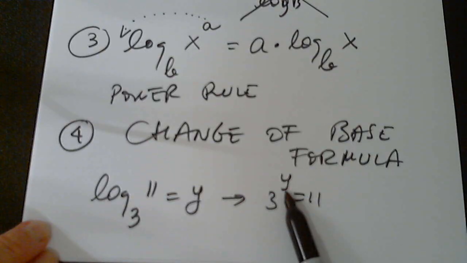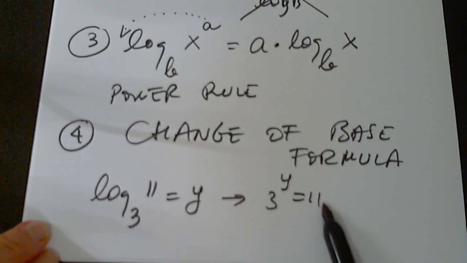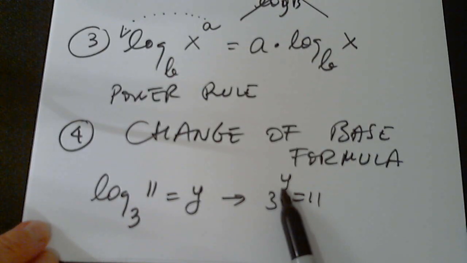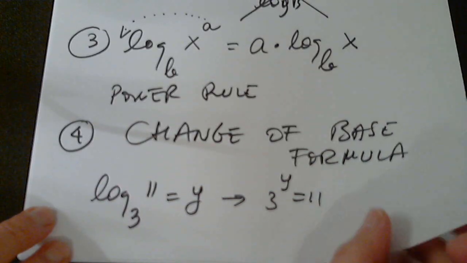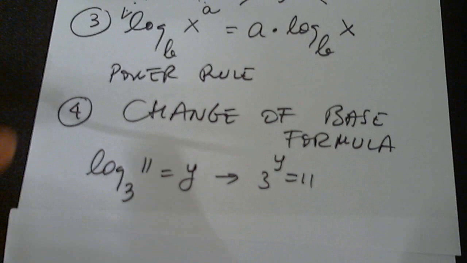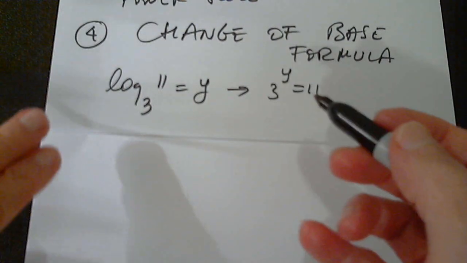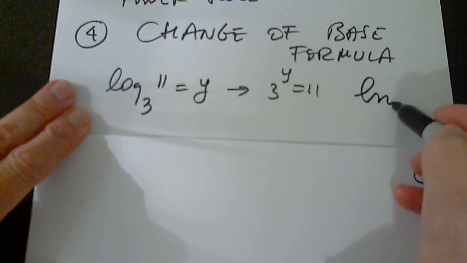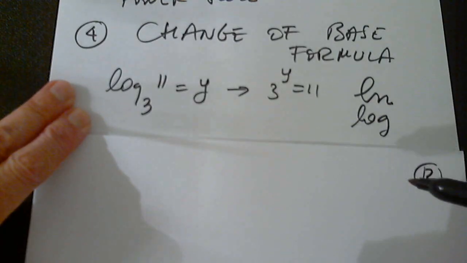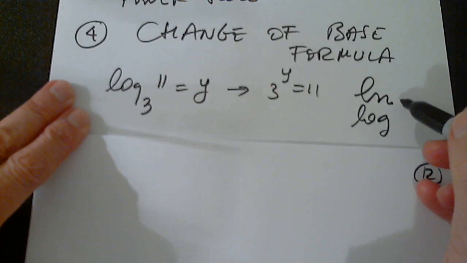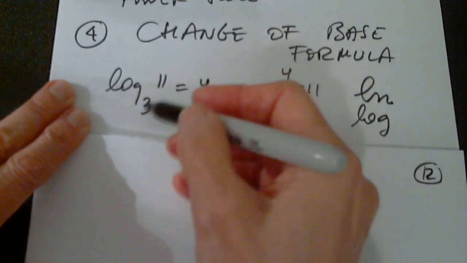No. I know it has to be more than 2 because 3 squared is 9. But what is it? I have no clue. So in order to determine this, I would have to change the base. To which base? To either natural log or common log, base 10 or base e, to determine this number.